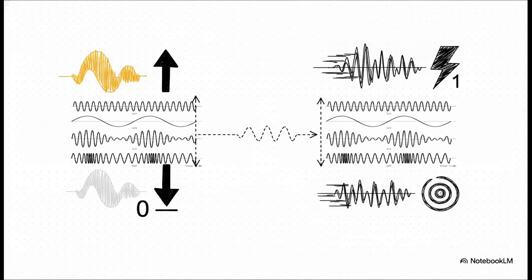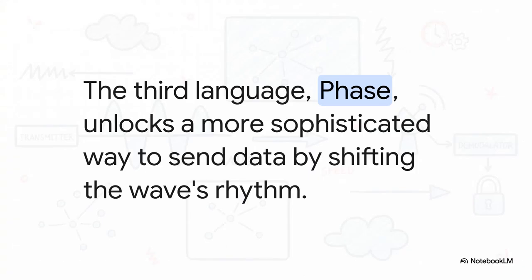Pretty straightforward, right? But that third language, phase, this is where things get really powerful. Instead of just tinkering with the height or the speed, we can actually shift the wave's internal rhythm. We can tell it to start its cycle from a different point. This method, phase shift keying, unlocks a much more sophisticated way to send our data.